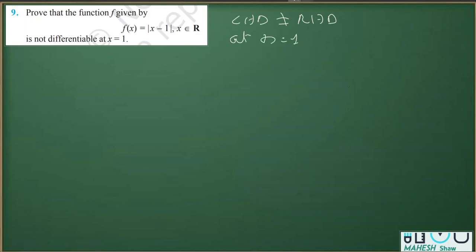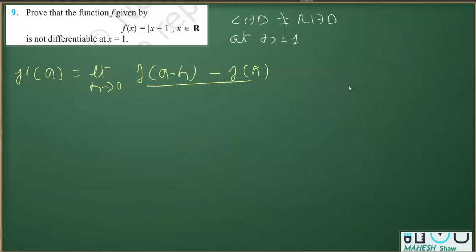Now for that, we are going to use a formula: f'(a) = limit h tends to 0 of [f(a - h) - f(a)] / (-h) for LHD. Before that, I'm going to break this function. The function here is |x - 1|.